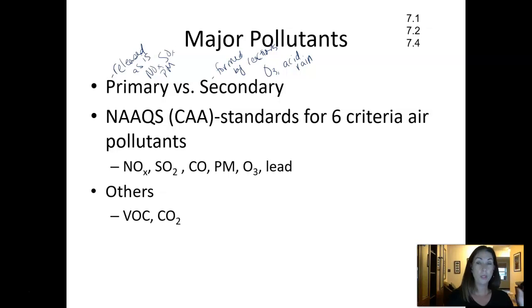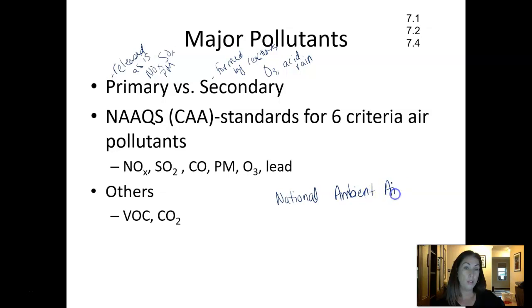Now, we do have 6 primary criteria air pollutants that are governed by the NAAQS. And the NAAQS stands for our National Ambient, which means outside, Air Quality Standards. So these fall underneath the Clean Air Act, which we often abbreviate as CAA.